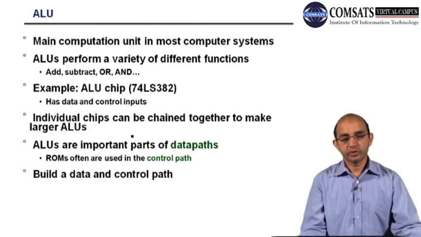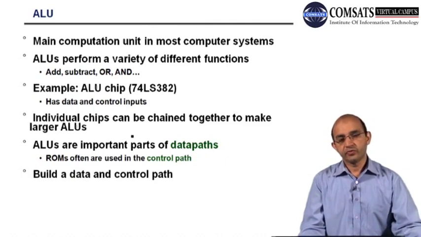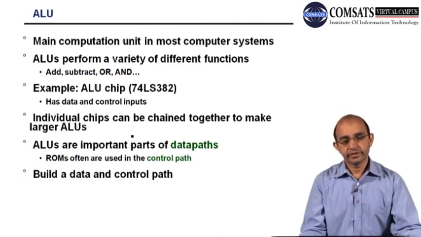So we talked about the data path and the control path, and then we had certain examples. We started from the code or the instructions that are readable by human beings. These instructions or states are not understandable by the computer.